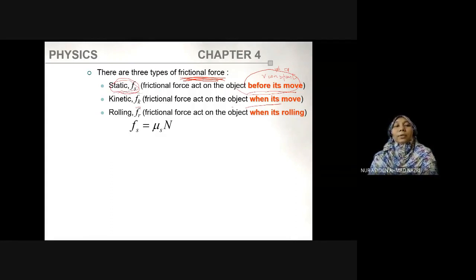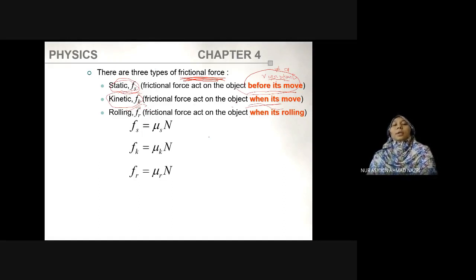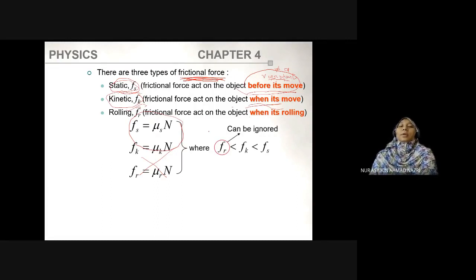Kadang dia dah consider sebagai kinetic friction even it moves with constant velocity. Tapi sepatutnya kalau dia moving, kita consider sebagai kinetic frictional force. And then rolling ni tak adalah. Yang ni tak payah ambil tahu lah. Kita cuma ada static ataupun kinetic saja.